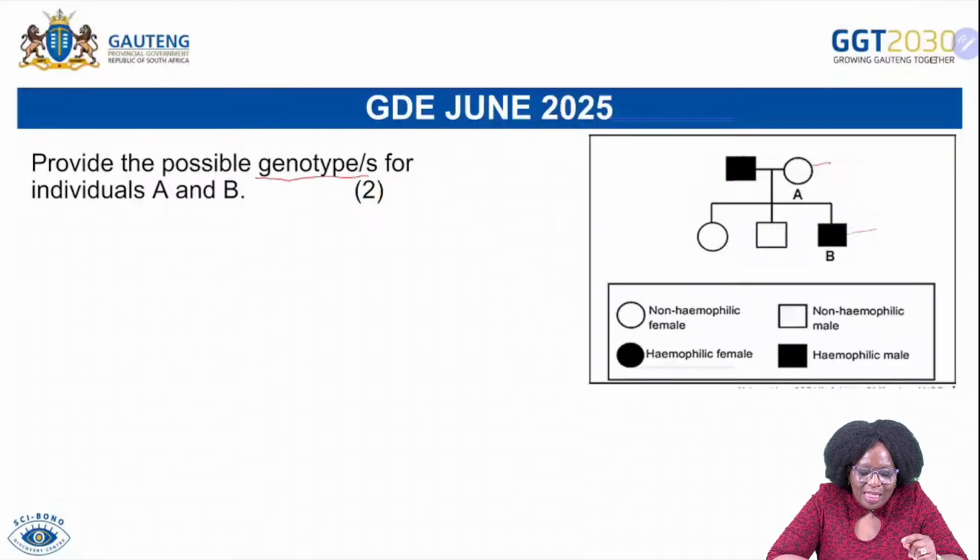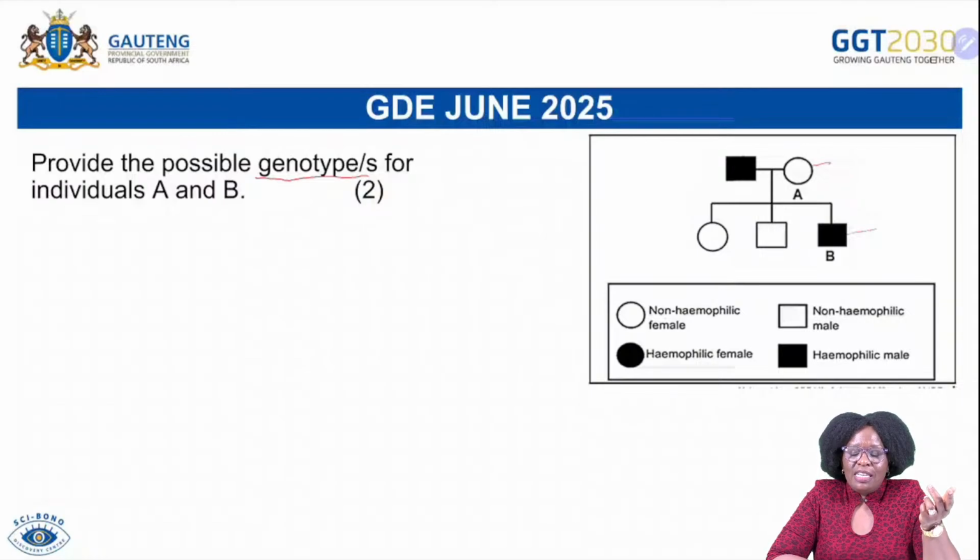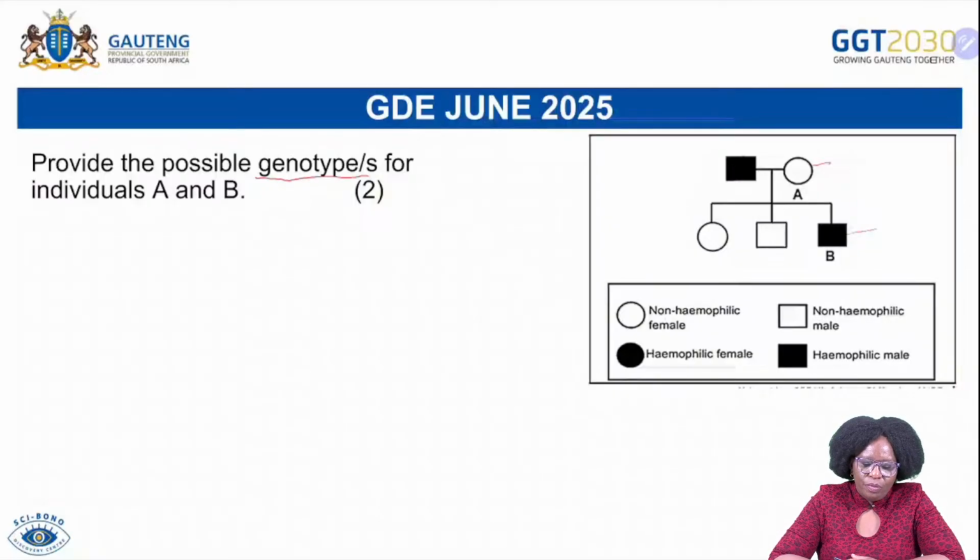So you are supposed to provide possible genotypes. I'm advising you to remember the terminology in genetics, because if you don't have a good background of the terminology, you will not even understand. You can lose marks by giving the phenotypes when the question is specifically asking you to give the genotype.